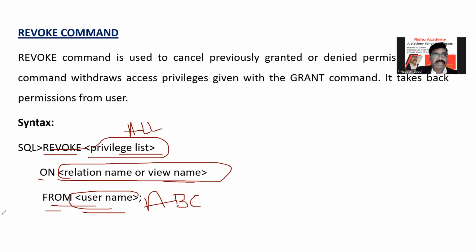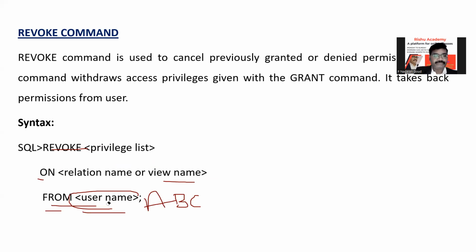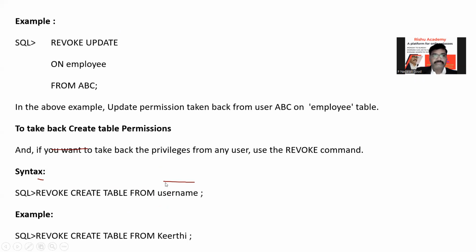So this is the general syntax. Look at the example. A simple example here. Revoke update: I want to take the update privilege on employee table from ABC user.